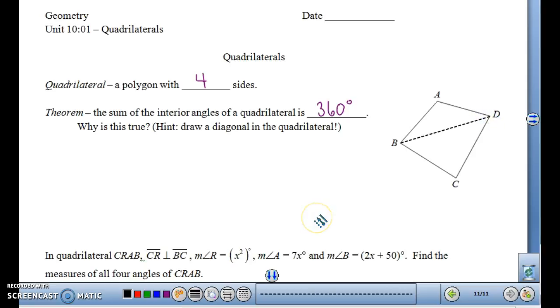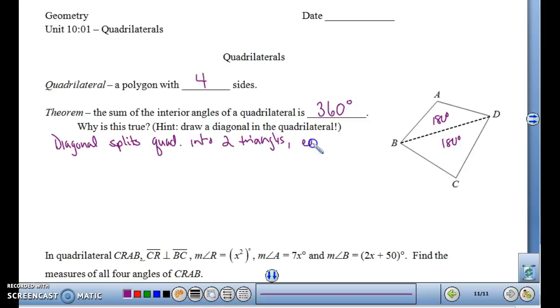Okay, now, what does the diagonal split the quadrilateral into? The diagonal splits it into two triangles. So, if it splits the quad into two triangles, how many degrees are in each triangle? Well, a triangle has 180 degrees, and this one has 180 degrees.